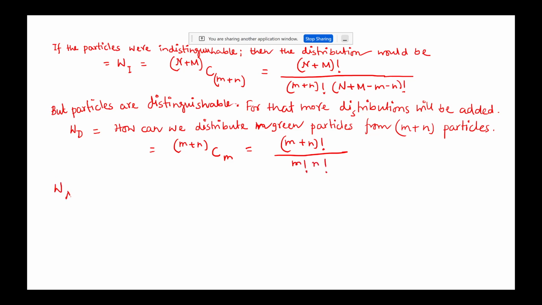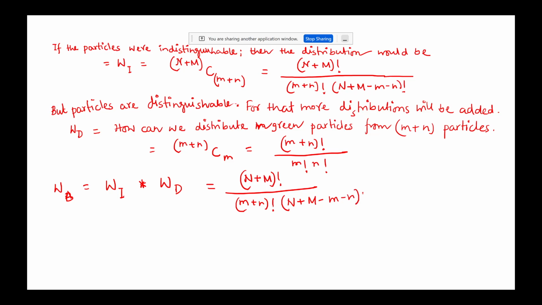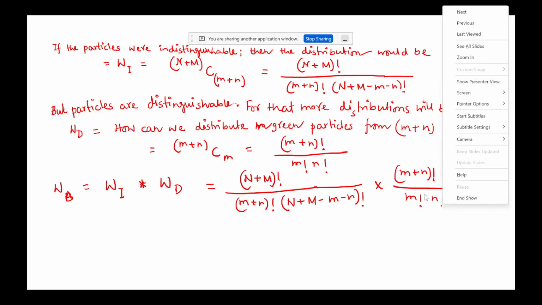So the total microstate Wb will be the microstate for indistinguishable particles times the distinguishability factor, which makes it capital N plus capital M factorial divided by small m plus small n factorial times N plus M minus m minus n factorial, times m plus n factorial divided by m factorial n factorial, right?